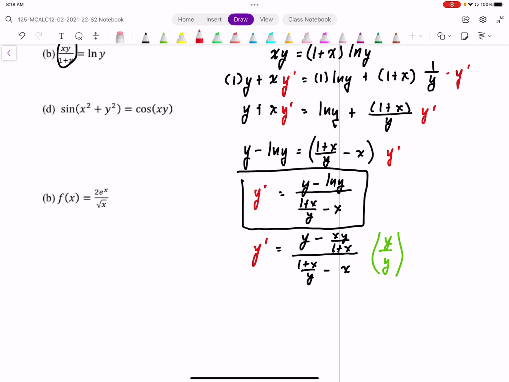And so another version of this y prime would be y squared minus x y squared over 1 plus x, and that's going to be all over 1 plus x minus xy. So there's a few different variations of this, but this is another variation of that same one.